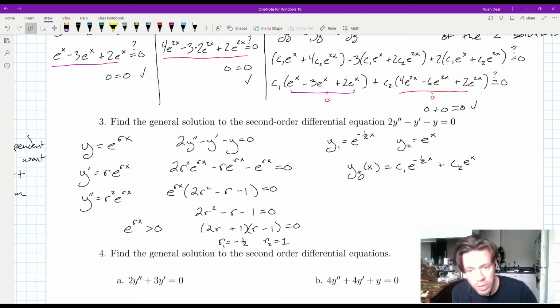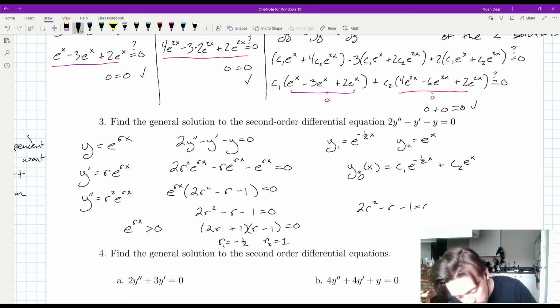I want to say one other thing on this before we do another example. This right here, the 2r squared minus r minus 1 equals 0, is called the characteristic equation.